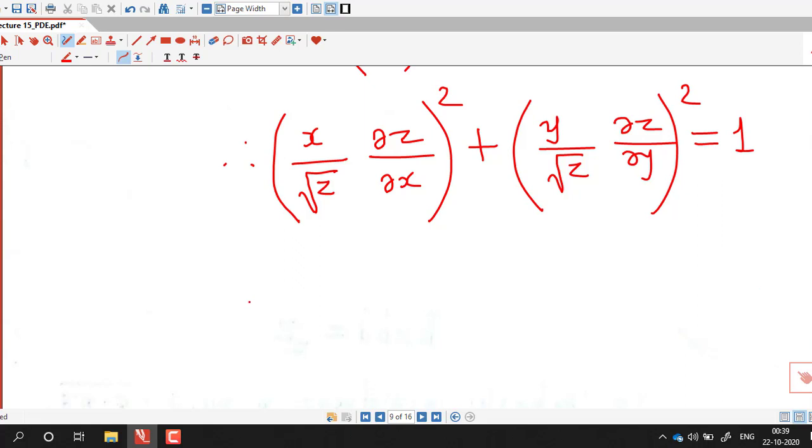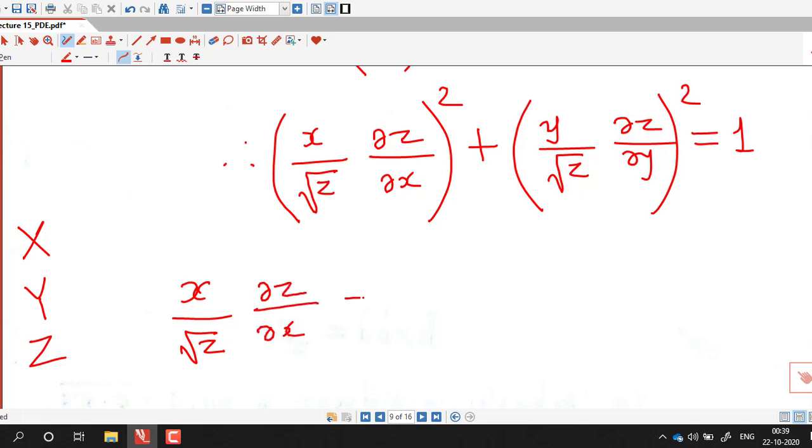Now from this you can observe, if I compare, suppose my new variables are capital X, Y and Z, then which transformation I have to consider such that small x, y, z and capital X, Y, Z are related. So I will obtain that idea from this.